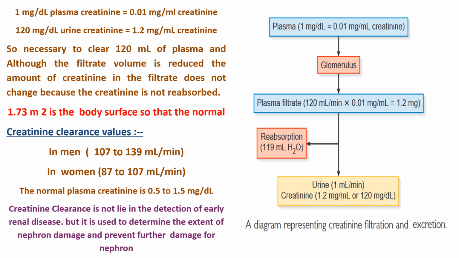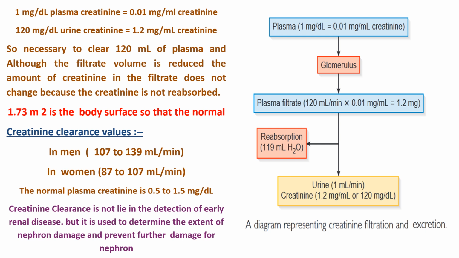Although the filtrate volume is reduced, the amount of creatinine in the filtrate doesn't change because creatinine is not reabsorbed. Creatinine clearance value in men is 107 to 139 ml per minute, and in women 87 to 107 ml per minute.